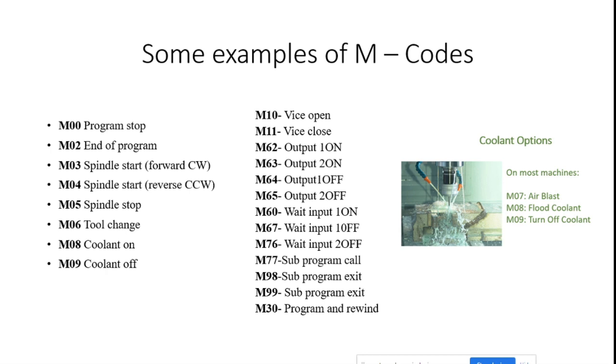Then there are the inputs and outputs that we get from the machine: these codes M62, M64, M60 for input, M76 for input, which are used for the input and output we get from the CNC machine. And also if I need a smaller cycle, such as repeated chamfering, fillet operations, and some drilling operations, I save the data constantly in the machine.